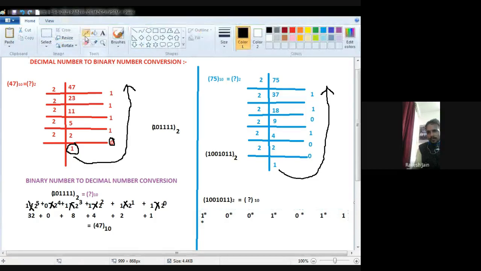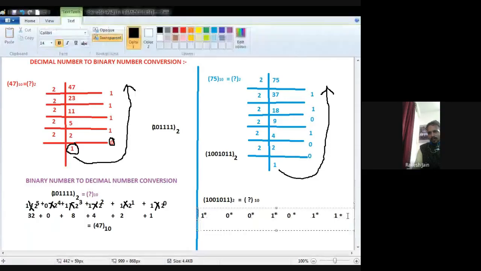Kindly wait. Yes, we have to multiply these numbers by powers of 2 from the rightmost side. So at the rightmost side, 1 multiplied by 2 raised to the power 0, then 2 raised to the power 1.